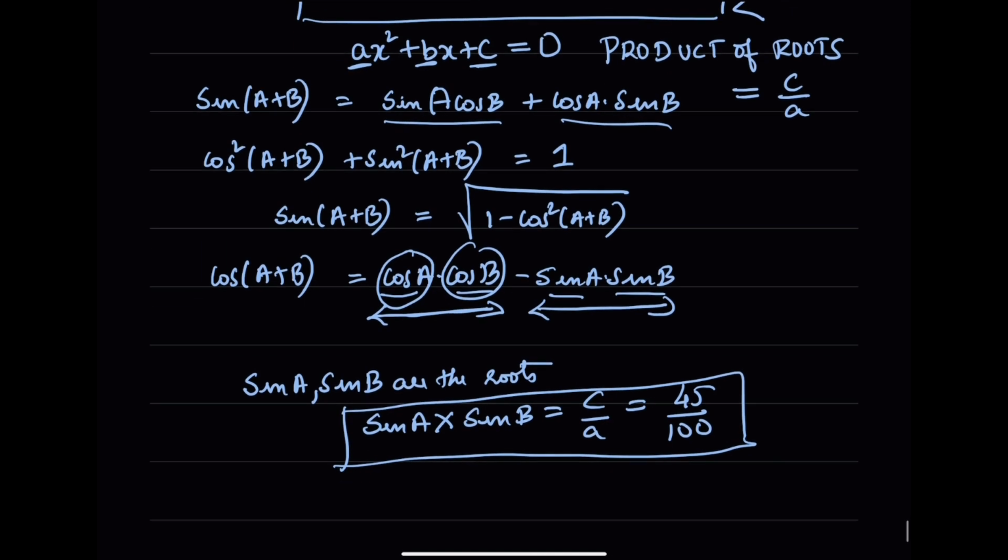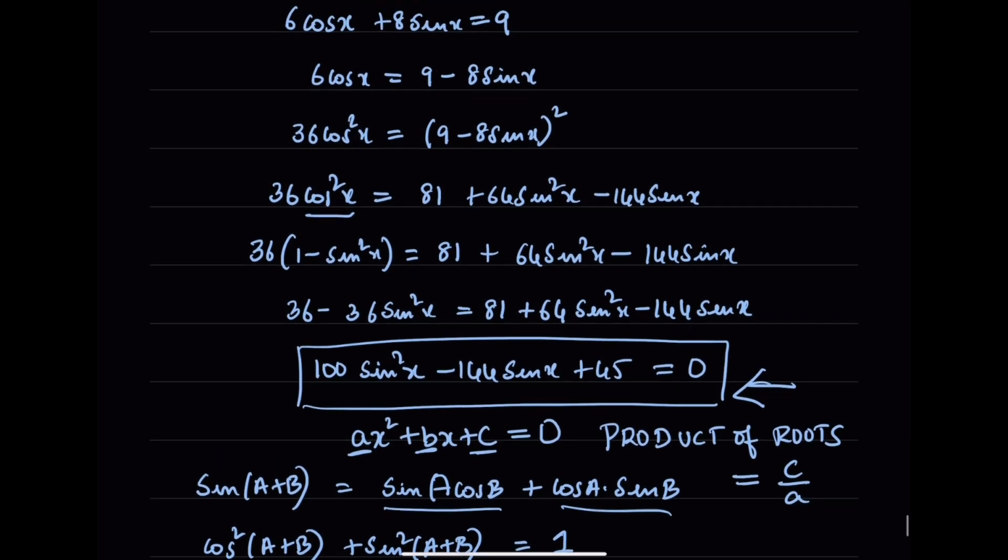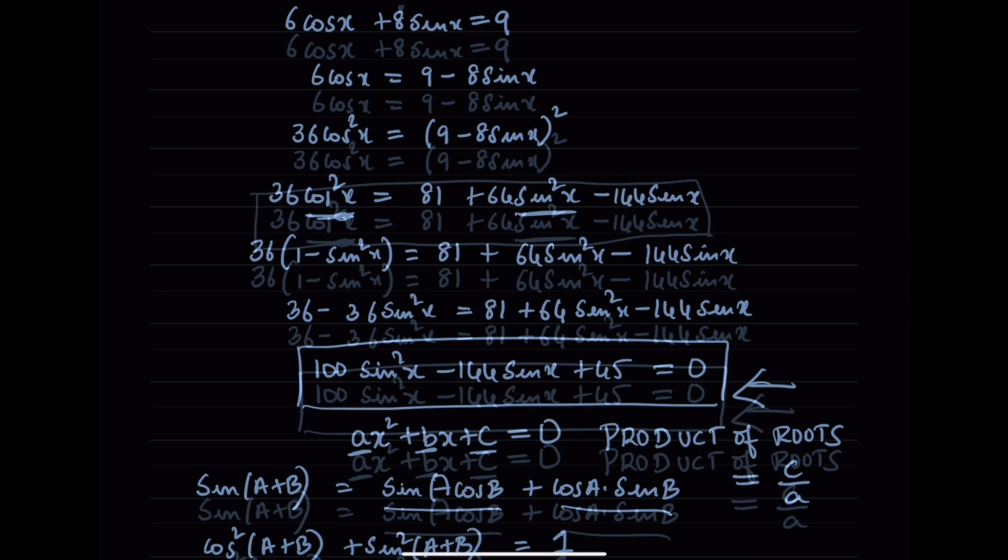We individually need not know what the value of sin a and sin b is to apply in this equation. Now the only thing pending is finding the product of cos a and cos b. So what we can do is, if you notice here, we replaced cos square x with 1 minus sin square x. Instead of that, if we replace sin square x with 1 minus cos square x, we will get two roots again, which are cos a and cos b.